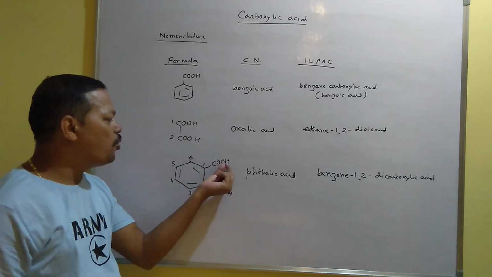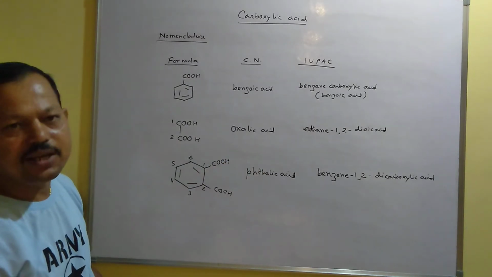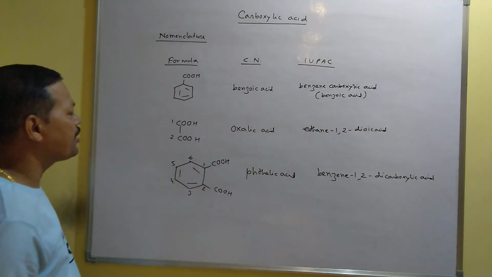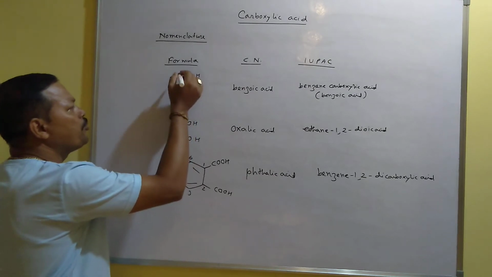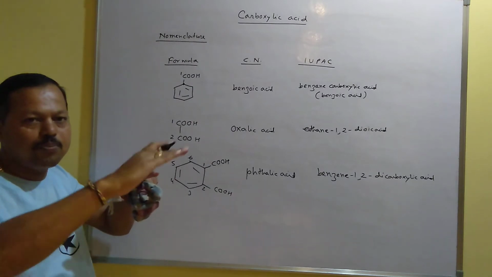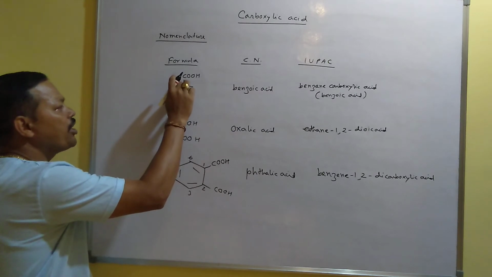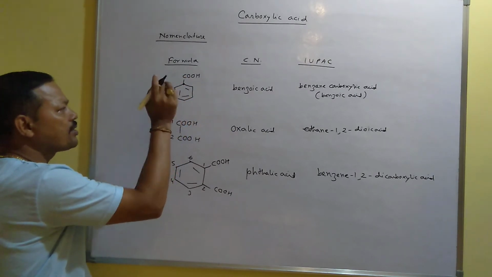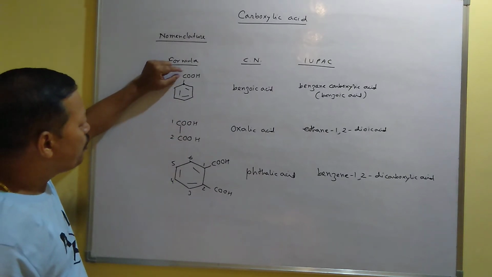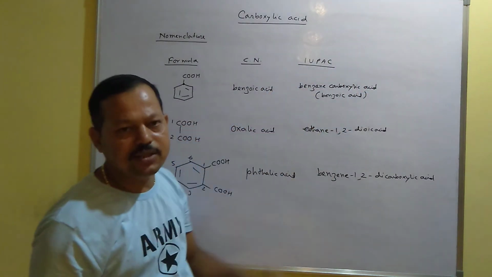And since the COOH carbon is not considered in numbering, you have to write carboxylic acid. Since 2 carboxylic acids are present, you have to write dicarboxylic acid. Here also, you cannot number the ring carbon when numbering an open chain. Since the ring contains more carbon, you have to number here 1, 2, 3, 4, 5, 6. So this carbon no need to number. When you do not number the carbon of COOH, then you have to write carboxylic acid.